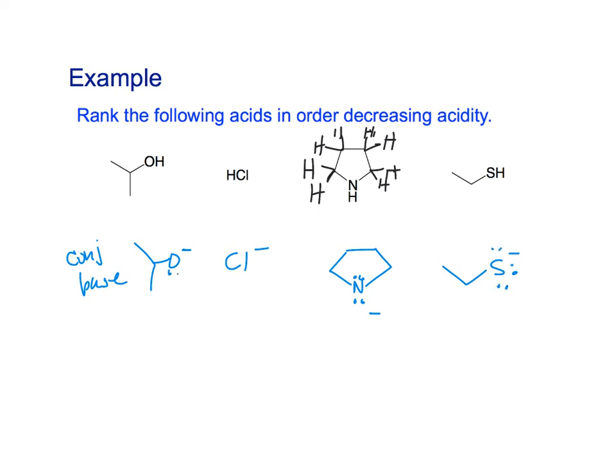All right, so the question is, which of these conjugate bases is going to be most stable? Okay, so there's a number of things to look at. The first thing we're going to look at is the size of the atom holding the minus charge. All right, if we look at all of these, we have two atoms that are in the third row of the periodic table.